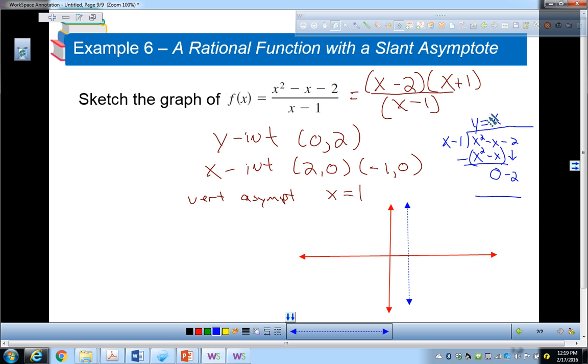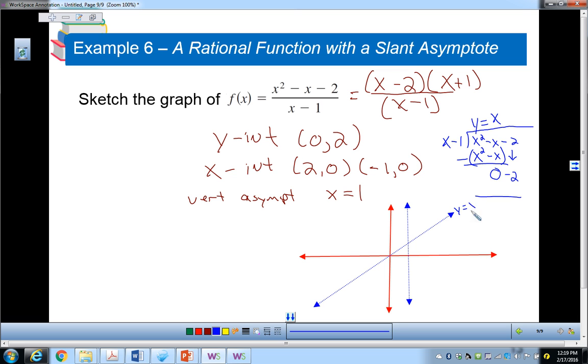It goes like this, right? I know I have x, so this is y equals x. This is x equals 1. What else do I know? I know I have a y-intercept at 0, negative 2. 1, 2. Okay? I know I have an x-intercept.